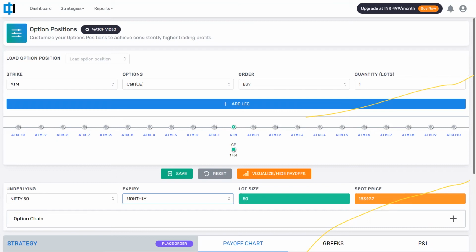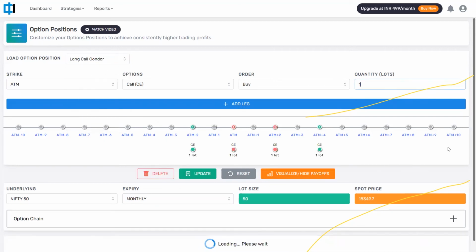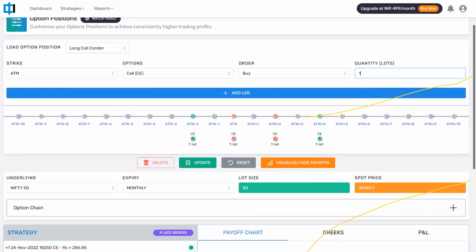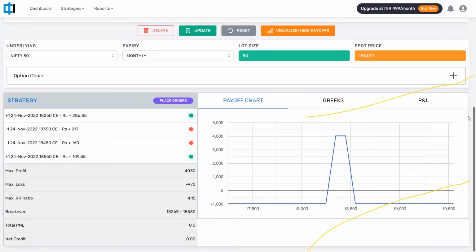So those would be non-directional strategies. And one of the ones that we talked about today is also non-directional, which is long call condor. So again, if you're not anticipating a huge move, then you could use something like a diagonal put or a diagonal call, a calendar put or a calendar call, or something like this, which is a long call condor.